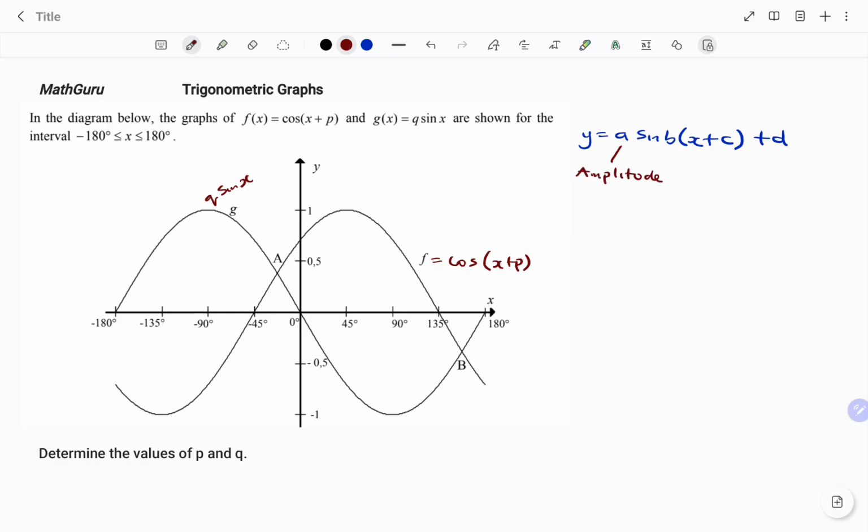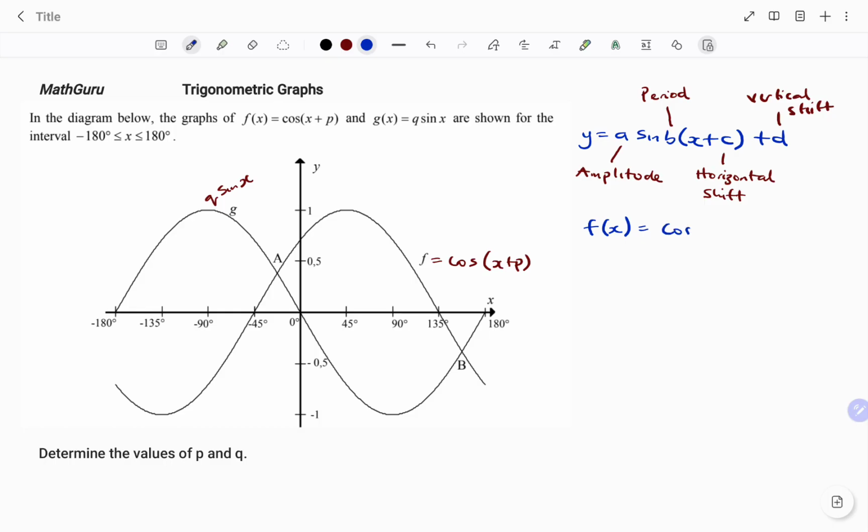The value of b determines my horizontal stretch or the change in the period of the graph. My c is my horizontal shift, and my d is my vertical shift.